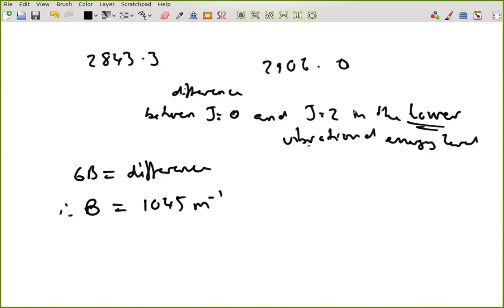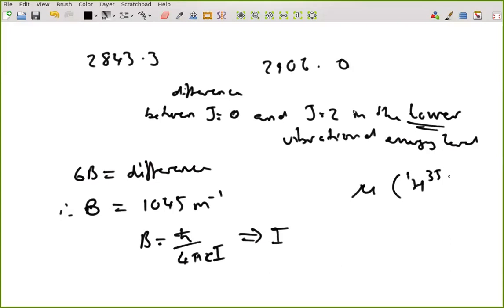Then everything works out well from this point, because you've got this equation, B is equal to h bar over 4 pi c I, which means you can get I. Then you calculate the reduced mass for 1H35Cl, and use I is equal to mu R squared, which means that we can calculate R. Okay, so those are two very useful problems.